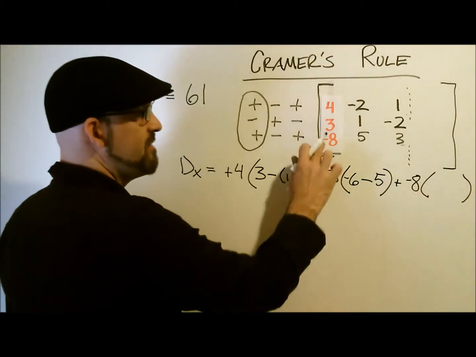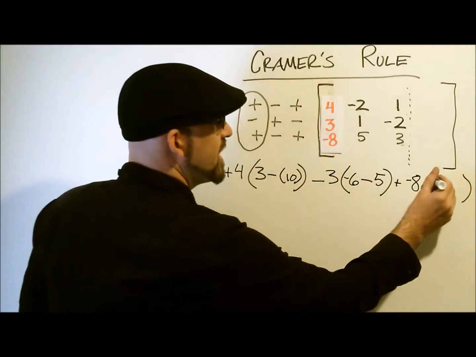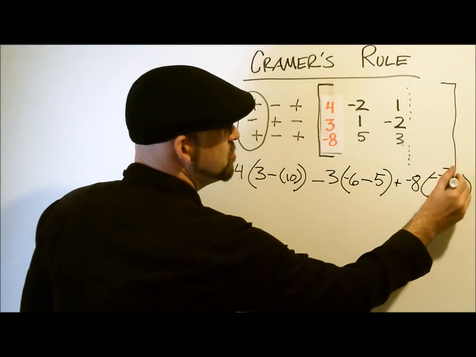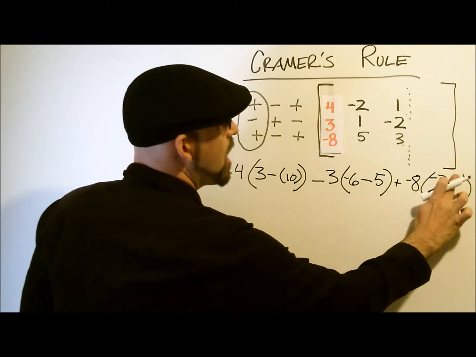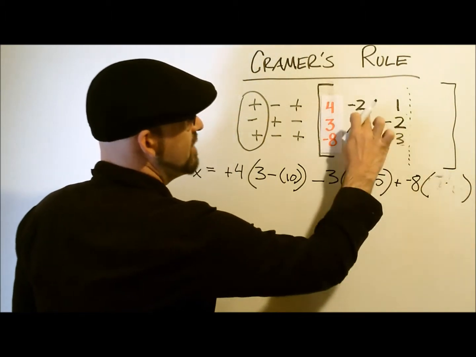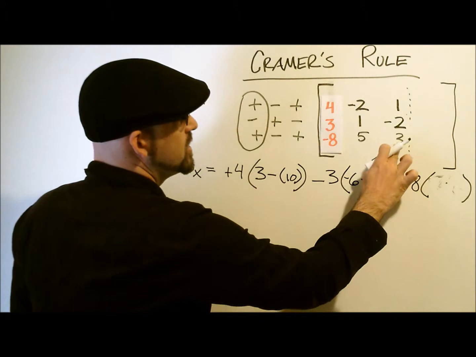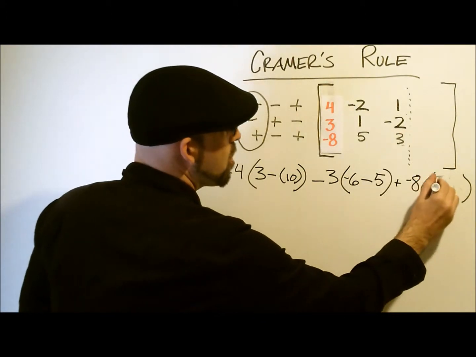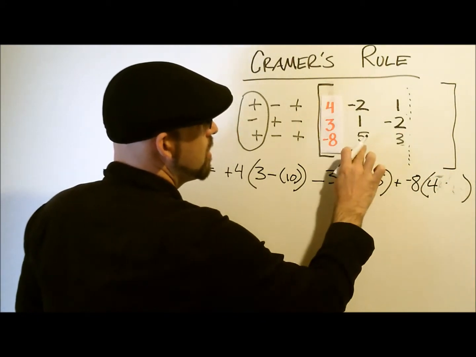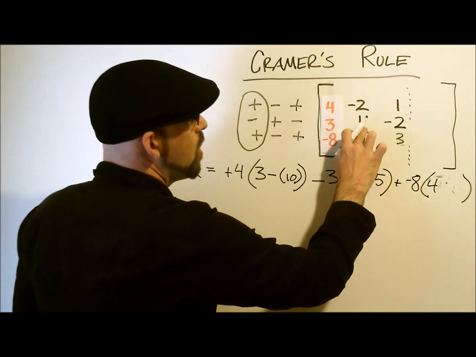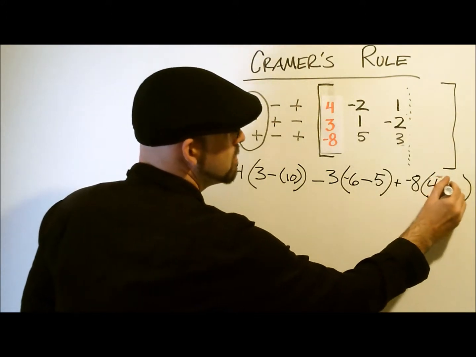The determinant of negative 8 is negative 2 times negative 2, which is 4, minus 1 times 1, which is 1.